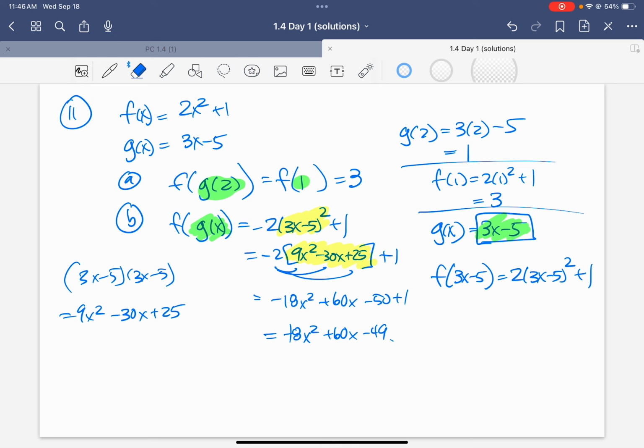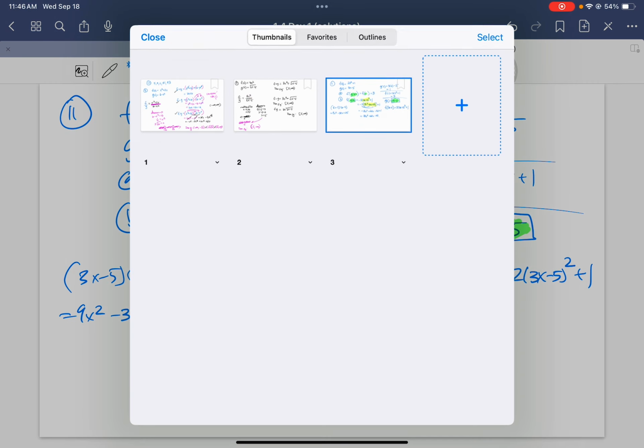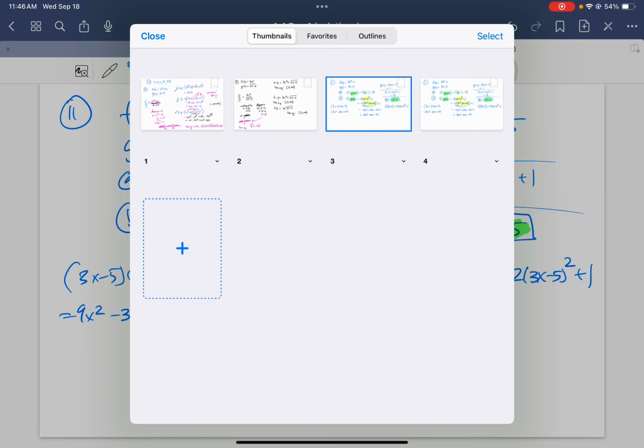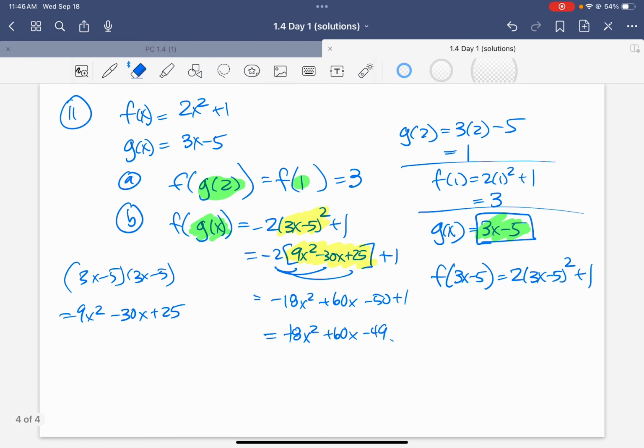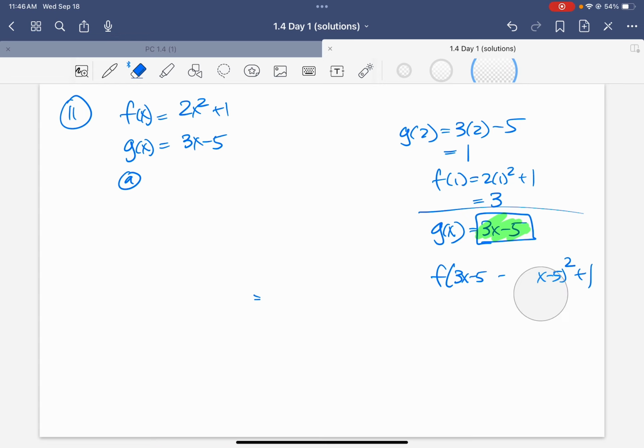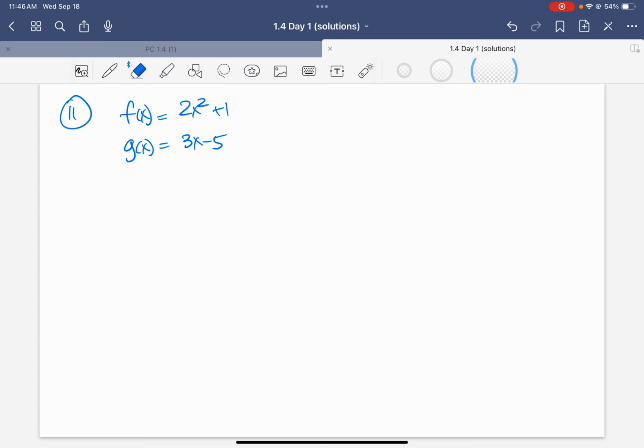But then in part C, let me duplicate. Okay. Then in part C, I have the exact same functions. So in part C, they want g of f of x. And what does that give me, g of f of x?